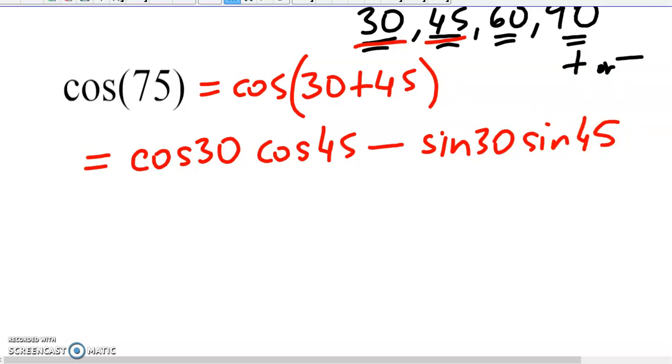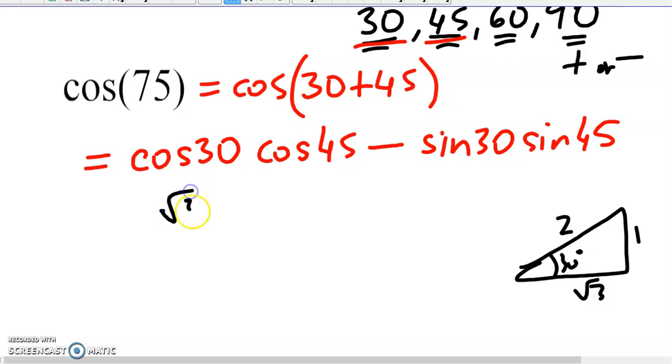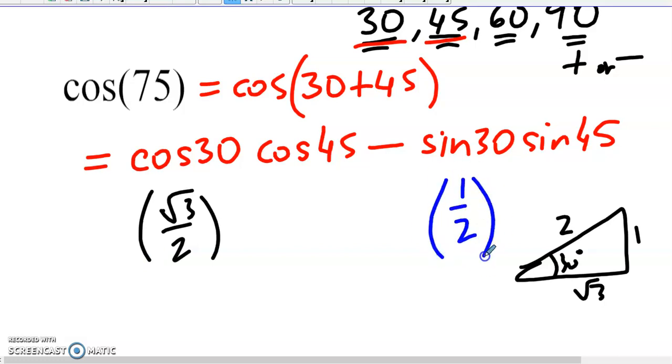Now, you can use the unit circle to get these values, or you can draw the triangle. So for 30 degrees here, I have opposite is 1, hypotenuse is 2, and the long side is square root of 3. So the cosine of 30 is square root of 3 over 2, and the sine of 30 is 1/2.